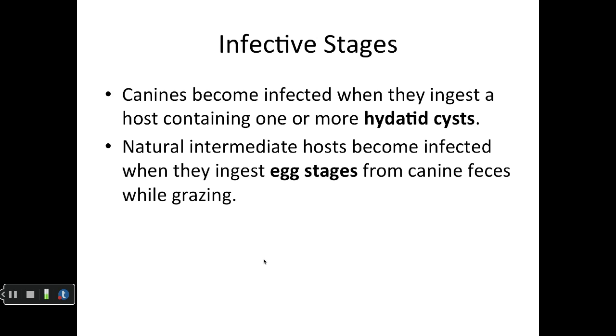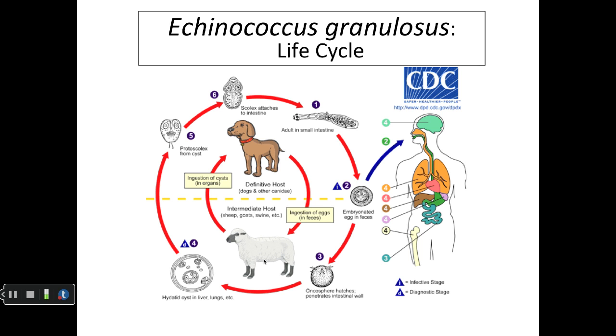So sheep and cattle and even pigs can be grazing and pick up these egg stages while they are grazing. In the case of an animal like a pig, again, pigs are pretty omnivorous and they would have no hesitation to eat dog feces. So the way the life cycle works is this.